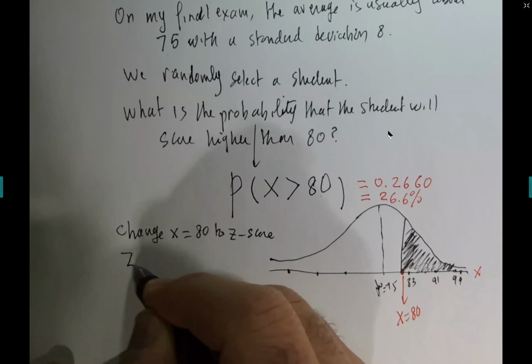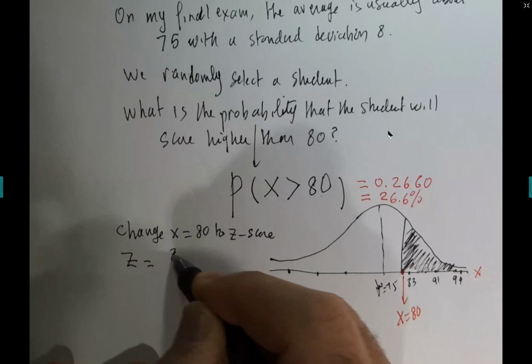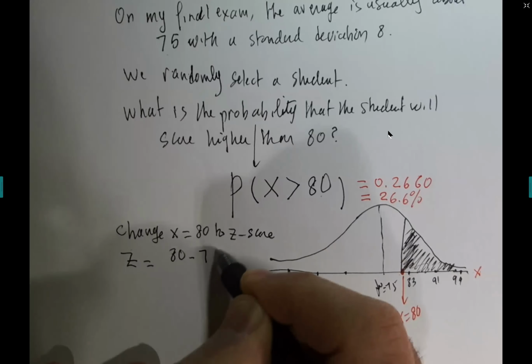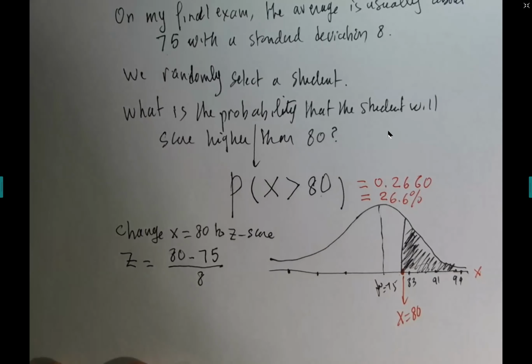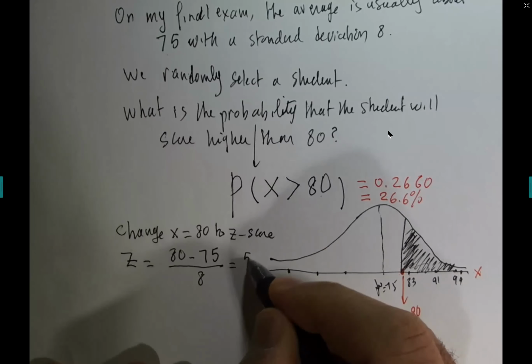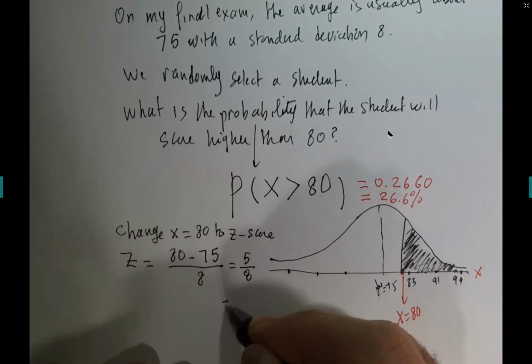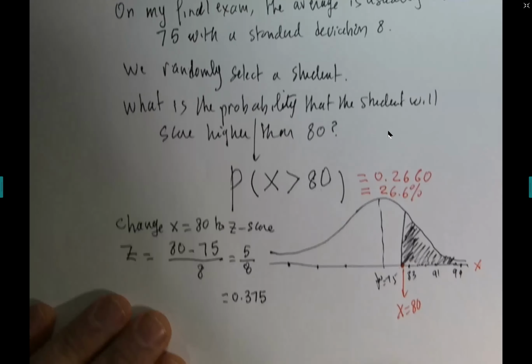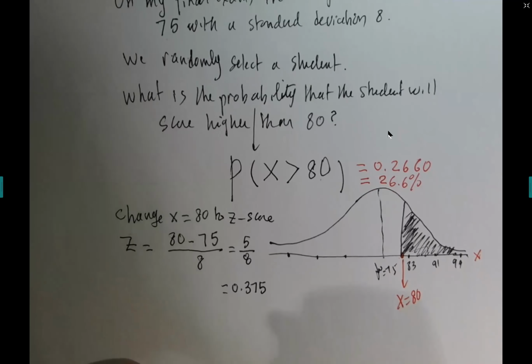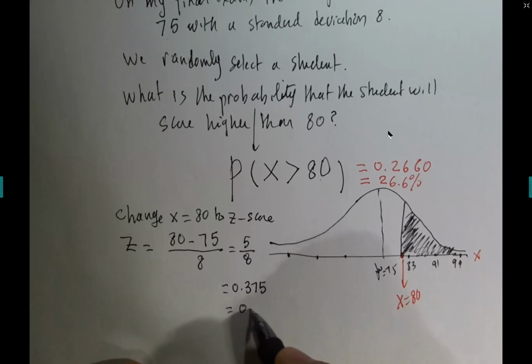So z will be the value, which is 80, minus the mean, which is 75, divided by the standard deviation, which is 8. That will be 5 over 8, which is 0.375. Usually z-scores we round to 2 decimal places only, so that will be 0.38. Now watch.